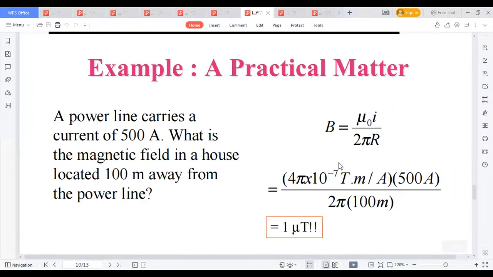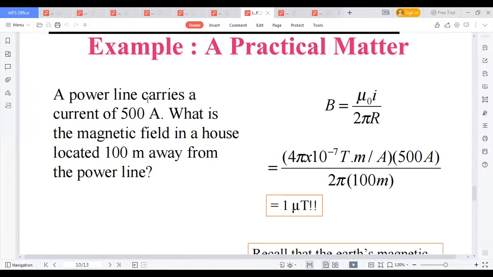As a practical matter, suppose a power line carries a current of 500 ampere. What is the magnetic field in a house located 100 meter away from the power line? Obviously we have to use Biot-Savart's law for finding this.